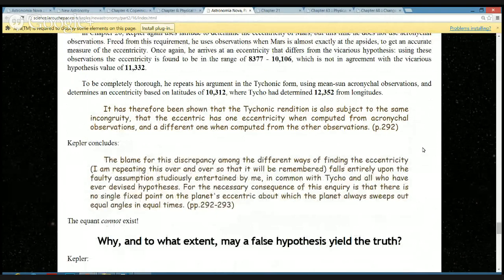He says, the blame for this discrepancy among the different ways of finding the eccentricity, I'm repeating this over and over so it will be remembered, falls entirely upon the faulty assumptions studiously entertained by me and in common with Tycho and all who have ever devised hypotheses. For the necessary consequence of this inquiry is that there is no single fixed point on the planet's eccentric about which the planet always sweeps out equal angles in equal times. The equant cannot exist. So this is a huge, huge revolution Kepler's making.